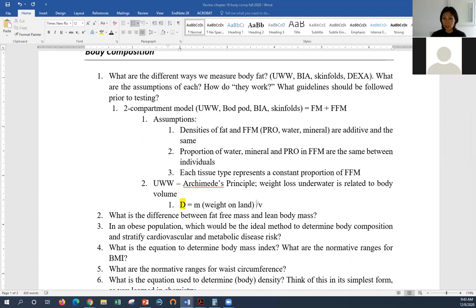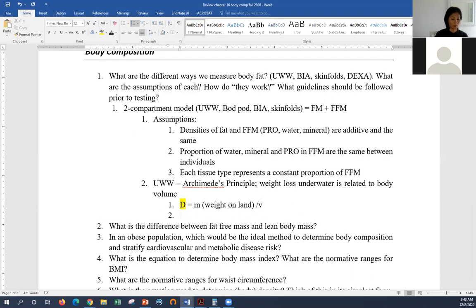So how do we determine volume? Volume is the difference in body weight.